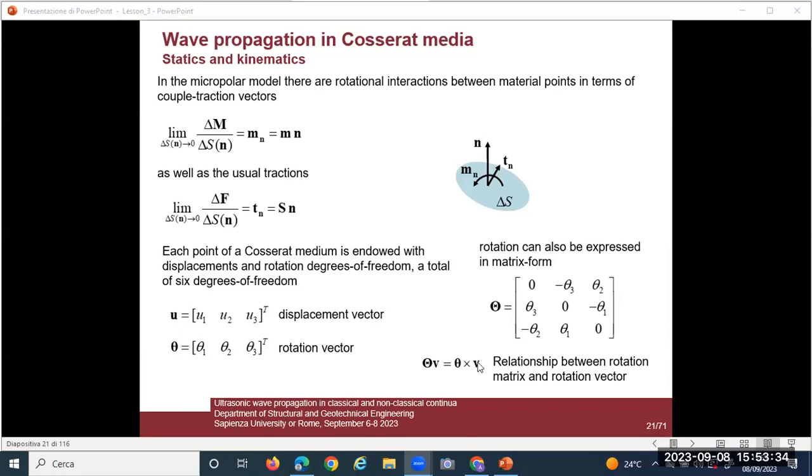And we say that the rotation vector is called the axial vector of this matrix. It means that when this matrix acts on a generic vector V, the result is exactly equal to the vector product of the rotation vector and this same vector V. Okay?